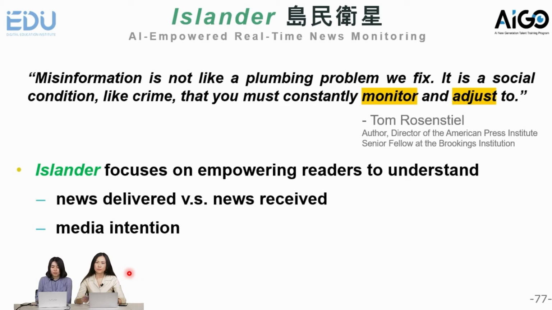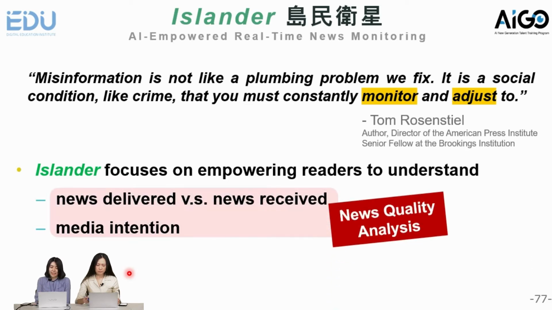iLander tries to utilize AI, like NLP techniques, to empower readers to understand the news delivered and the news they receive, and also to understand the media intention behind the news. So we want to estimate the news quality, to analyze whether this news has good quality or bad quality.